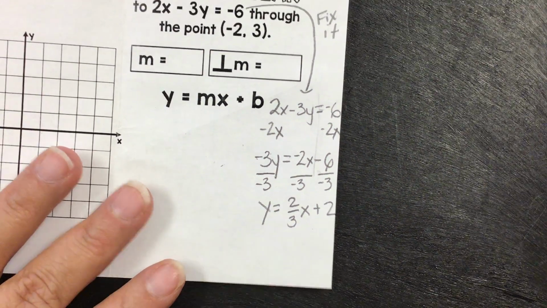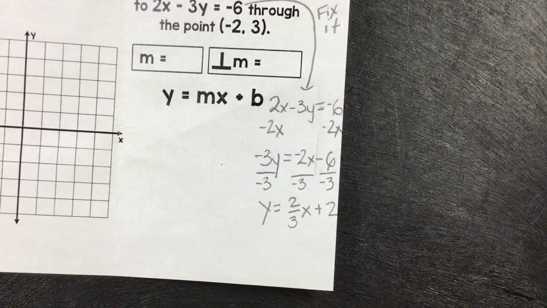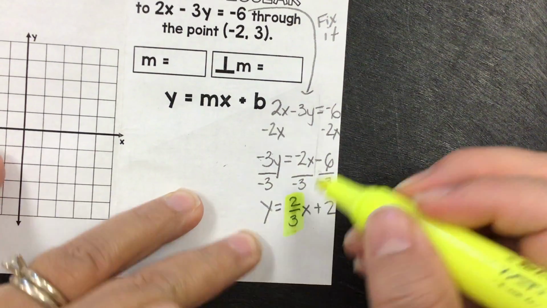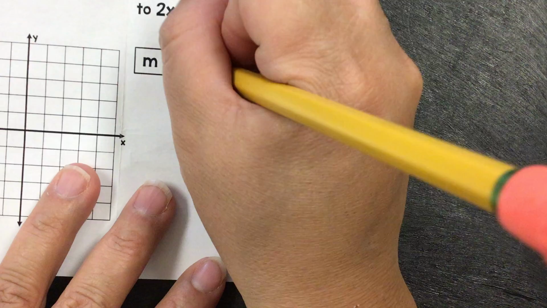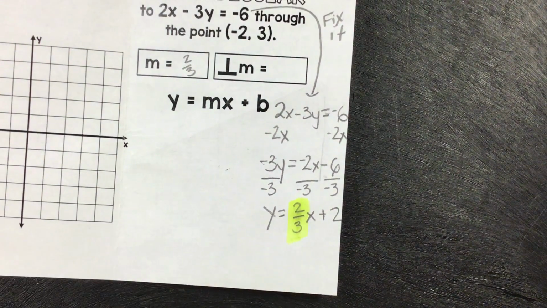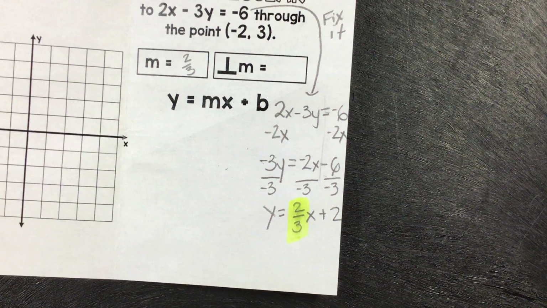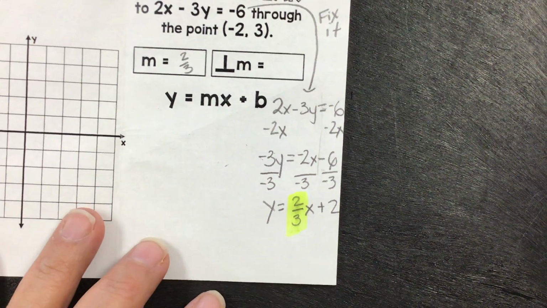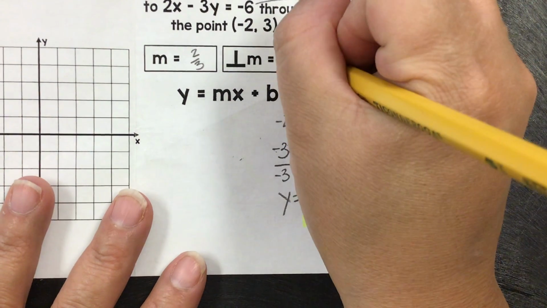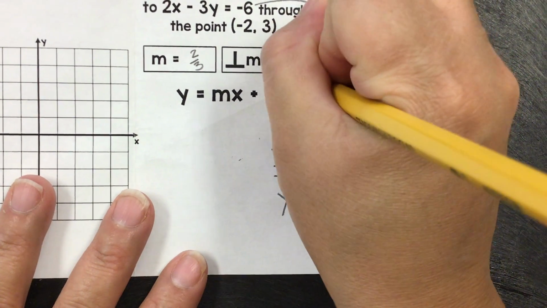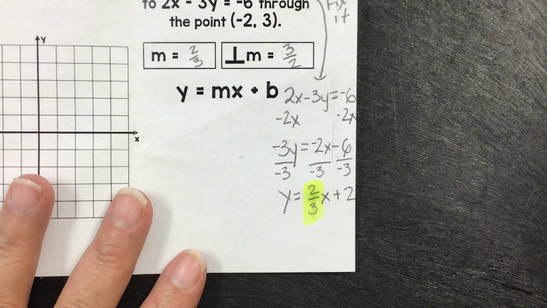So we did all of that work to find the slope. We need the slope because then we have to do the negative reciprocal. The correct name for this is negative reciprocal. And that means that you have to flip that fraction. So 3/2. And then flip the sign.